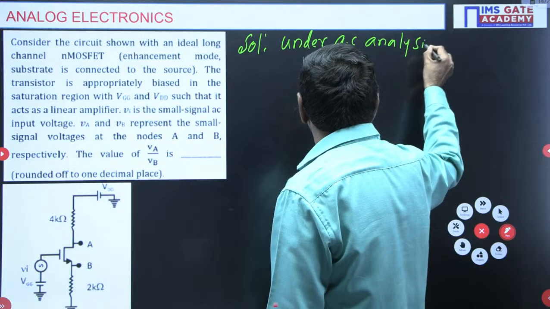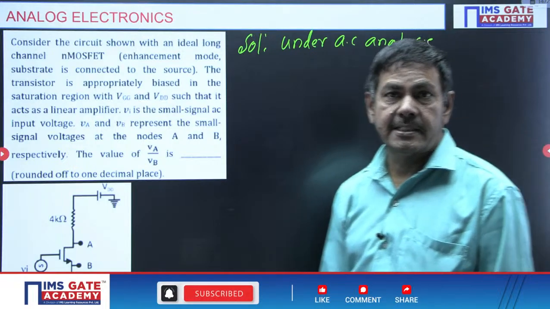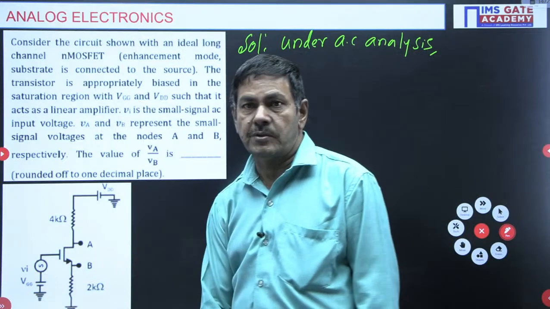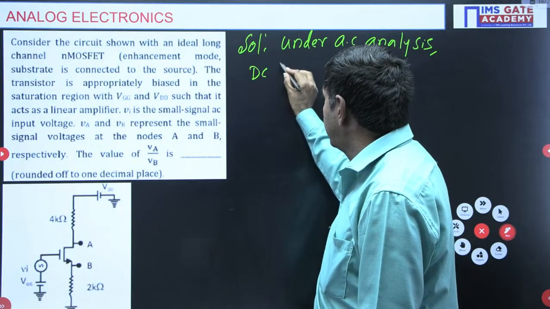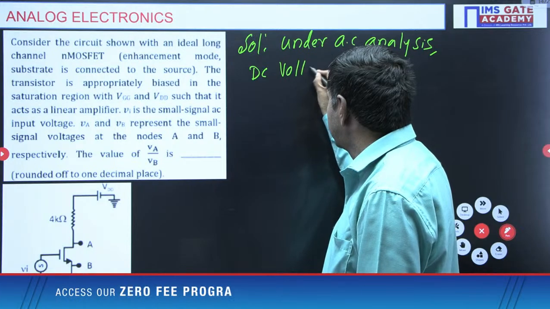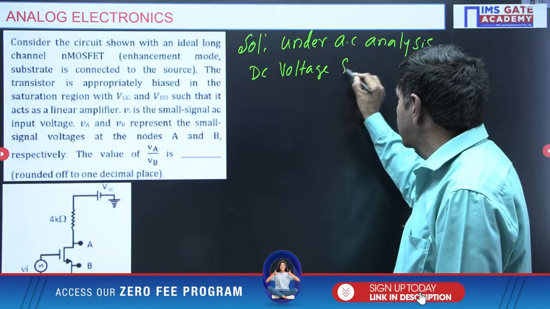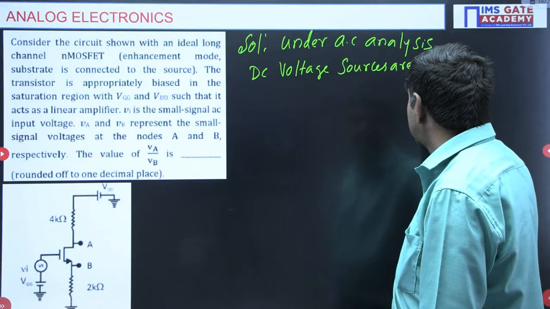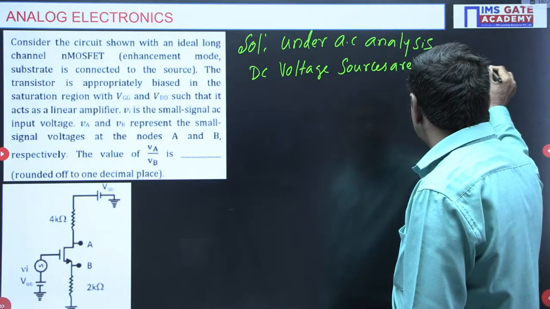Under AC analysis, wherever a DC voltage source is given, you must short circuit it.